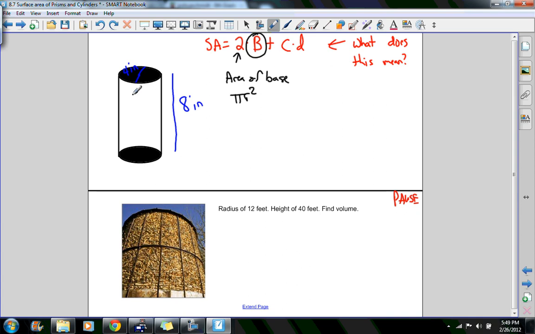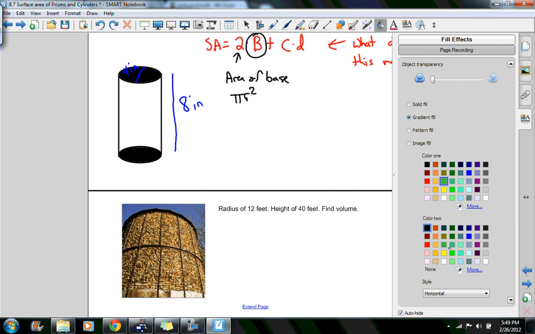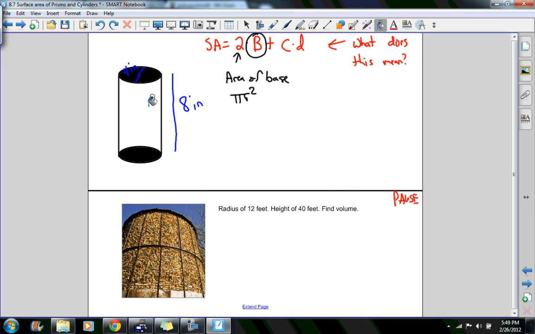Now, to find this center area, okay, I don't know if this is going to work really nicely with these colors. Nope, it won't even color it in. To find this center area, that's a little bit harder to see, and I'm going to try to show you in class tomorrow why this is true, but that's going to be circumference times the diameter. Okay, so I need you to write this formula down. Okay, 2B plus C times D. And you need to know what each of these are.